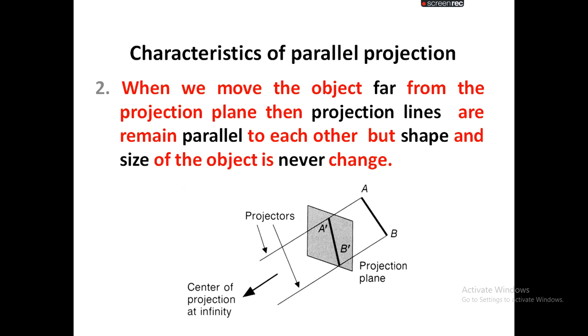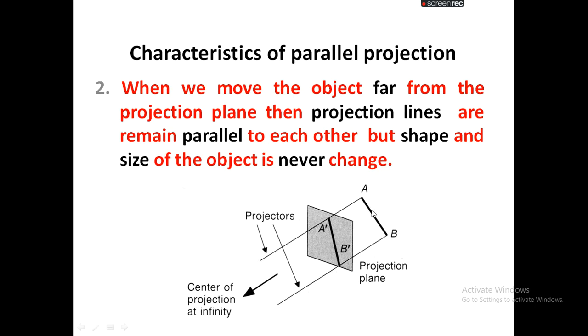You can place the projection plane either near to the object or far from the object. As you can see in this example, assume there is an object in space, a line segment AB.